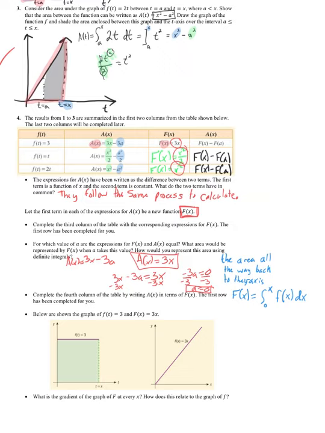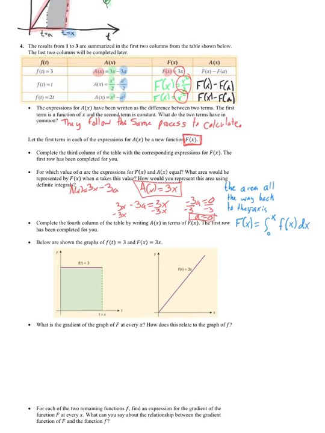Okay. Now, the last one here is going to ask about slopes. So what's the gradient of the graph F at every x? But notice it's the capital F, not the lowercase f. It says, here are two graphs, shown for lowercase f of t equals 3, and then uppercase F of x equals 3x.